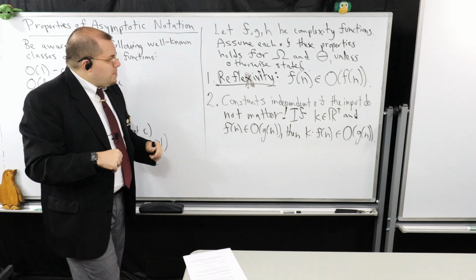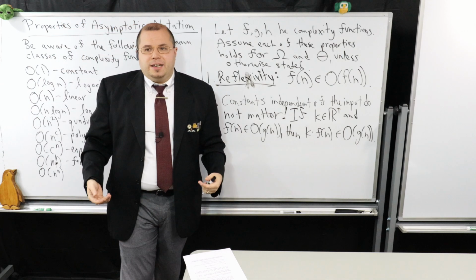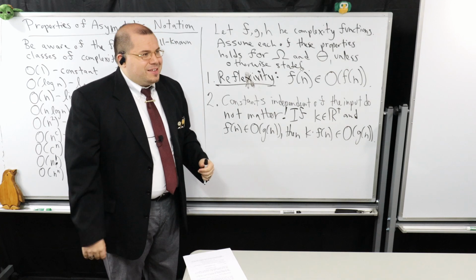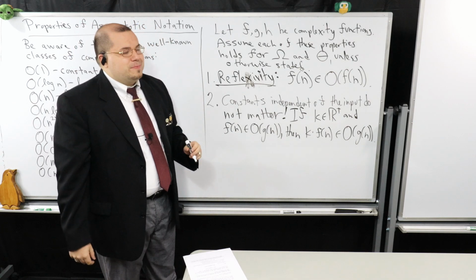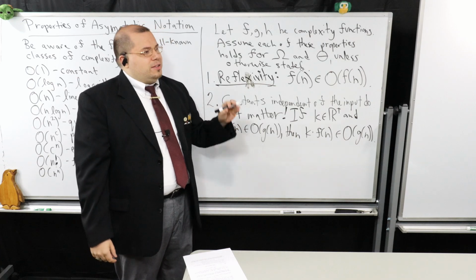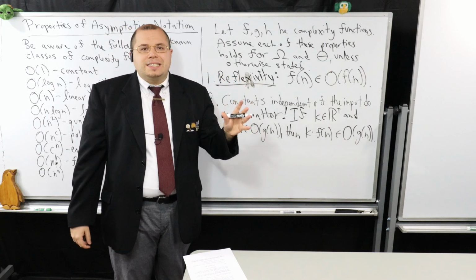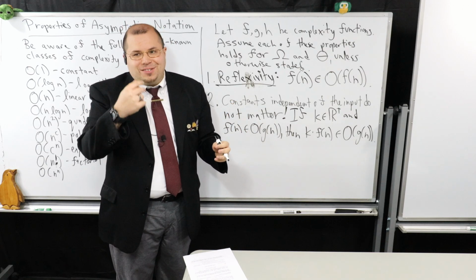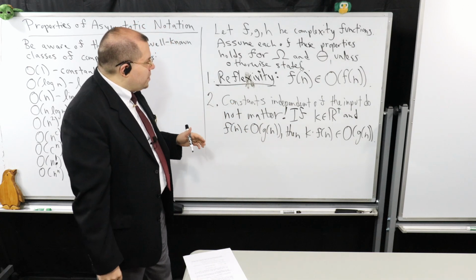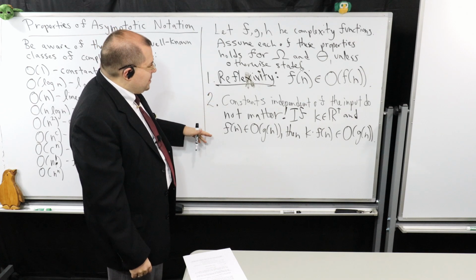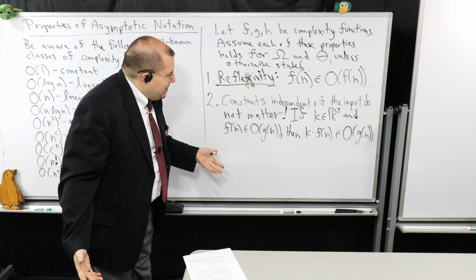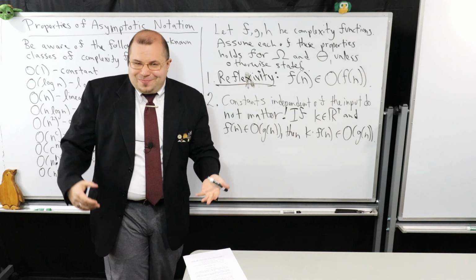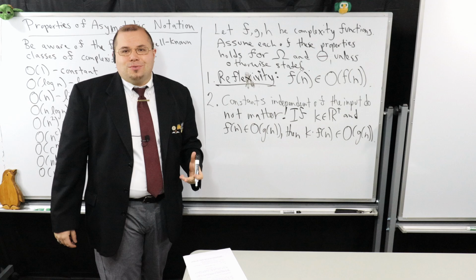For example, imagine you have some subroutine and you know it takes big O of g to execute. And you find out this algorithm invokes that subroutine some constant number of times, say twice. What you can conclude is that if the original one took big O of g, then when I run it twice, it's still big O of g. That's one way you can apply this rule.